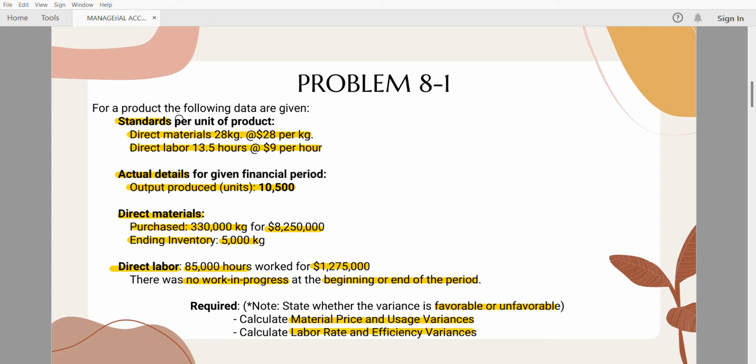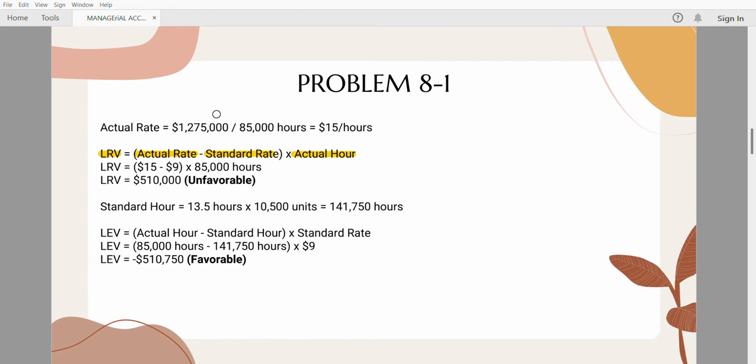Meanwhile, for the standard, it's stated as 13.5 hours. So we need to find it first by dividing 1,275,000 by 85,000 hours, and we get $15 for the actual rate.